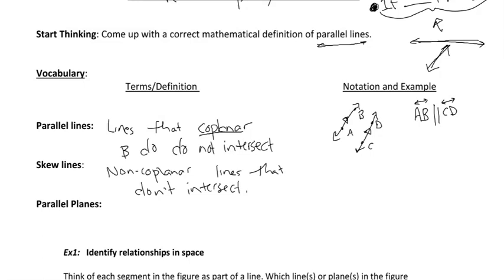Okay. Parallel planes are planes that don't intersect. You can't have two coplanar planes unless they're the same plane. That doesn't make any sense. So let me go ahead and show you an example.